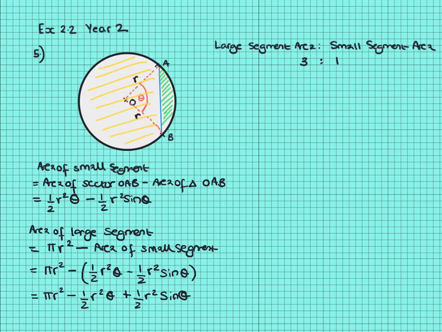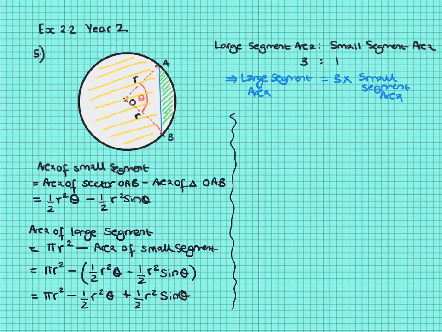Now, what we know is that the ratio of the large segment area to the small segment area is 3:1, which tells us that the large segment area is equal to 3 times the small segment area, looking at the ratio. And we have all of the information we need over here to set up some sort of equation.